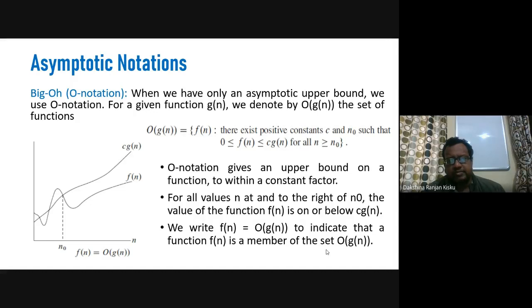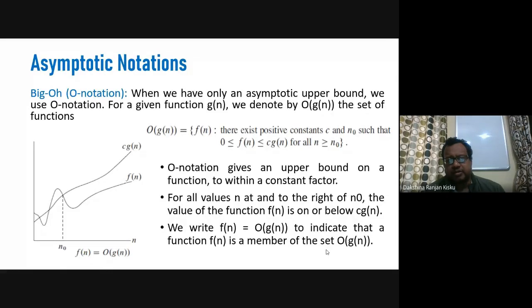Big O notation gives the upper bound. Any idea? That means big O notation gives the worst case time complexity.